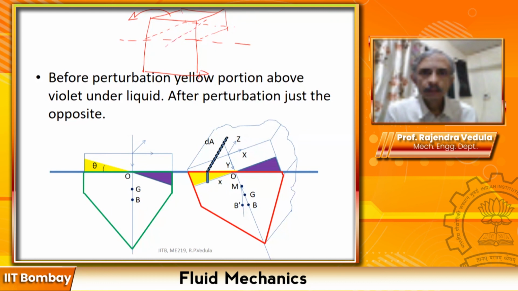It is this axis, right? In this particular case, it happens to be ZZ. So the axis about which the rotation is happening is the axis about which the moment of inertia needs to be taken. So the axis about which the rotation happens.